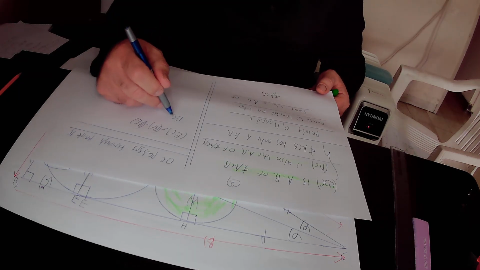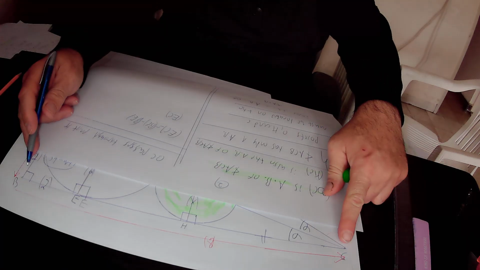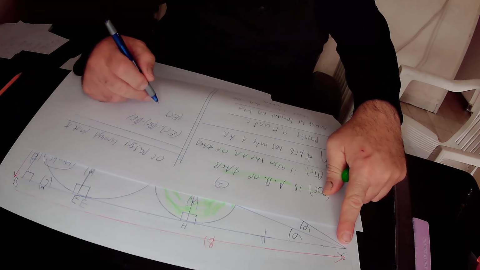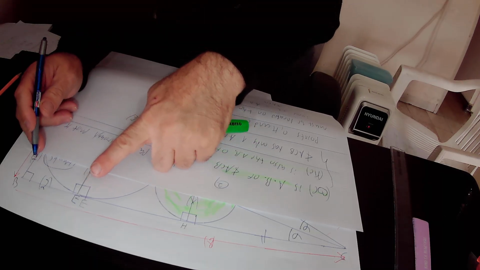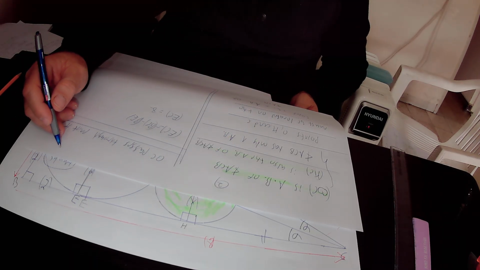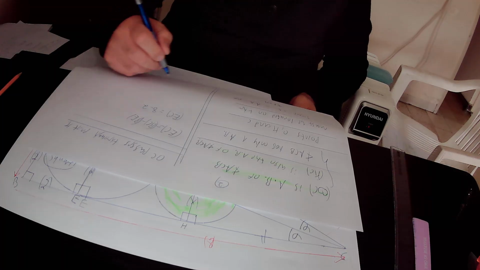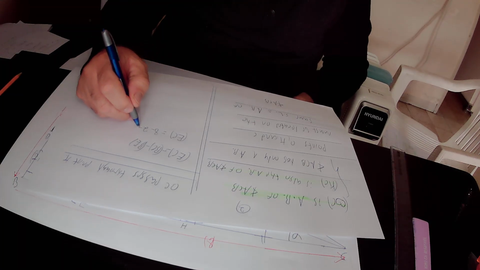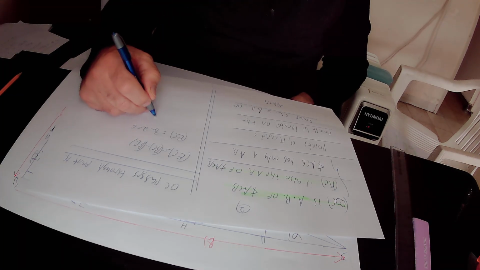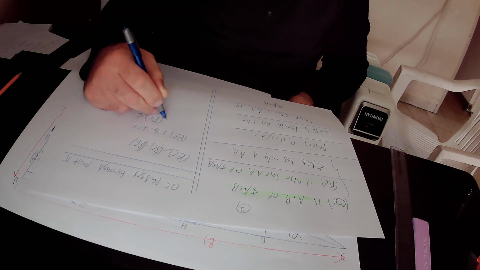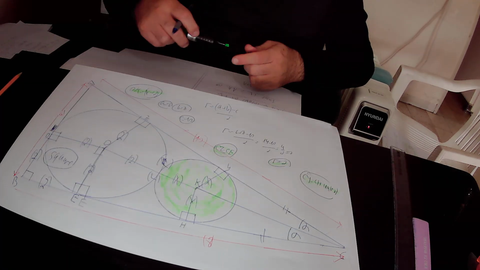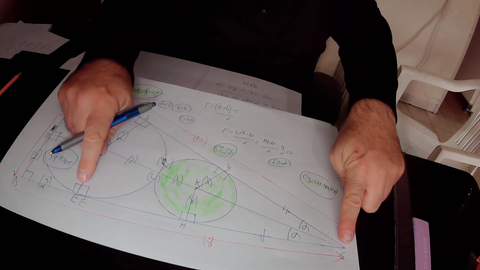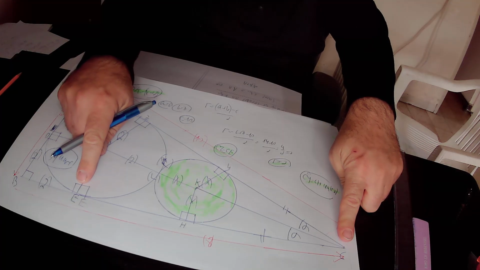So EC equals BC, that is 8 according to what is given in the question, minus BE, that is 2 according to what we have already found out. So EC equals 8 minus 2, that is 6. EC equals 6 units in its length.